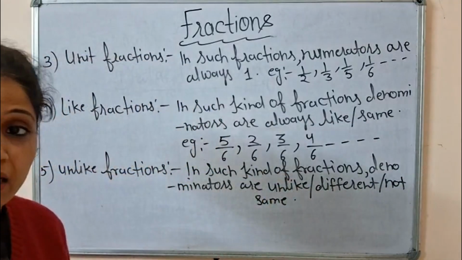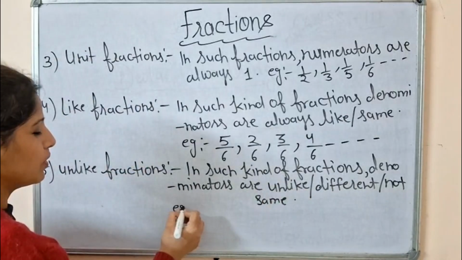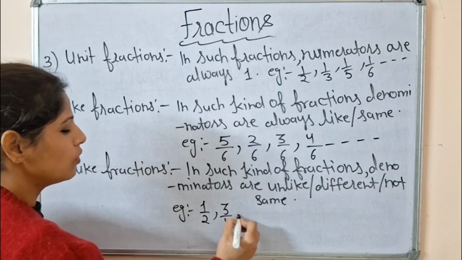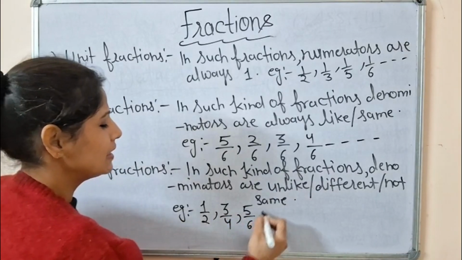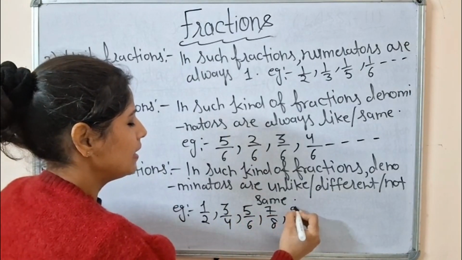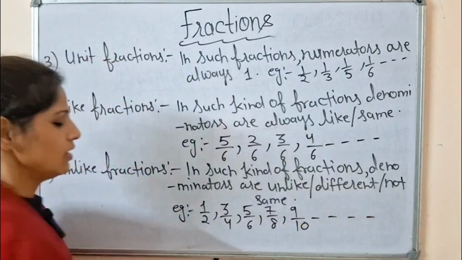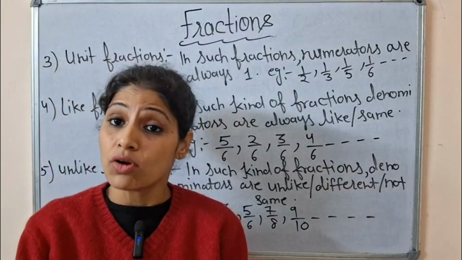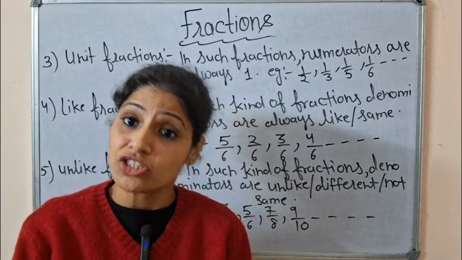So again we are taking a few examples. For example, 1 upon 2, 3 upon 4, 5 upon 6, 7 upon 8, 9 upon 10 and so on. Here I can see denominators are not same. So they are called unlike fractions.